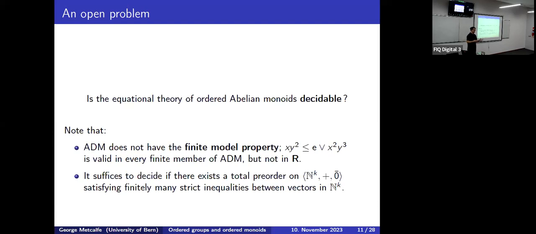A pre-order is total, and also has reflexivity and transitivity, but maybe not antisymmetry. So you can have u less than or equal to v and v less than or equal to u for different u and v. That's why it's not a partial order, it's only a pre-order.